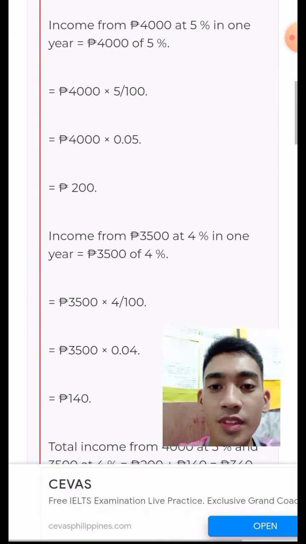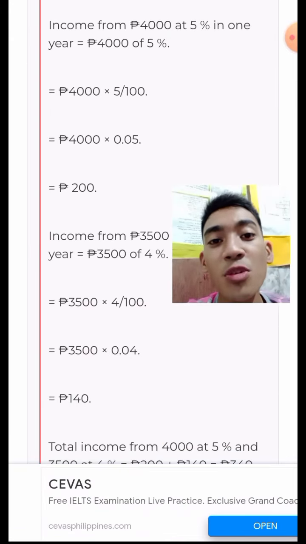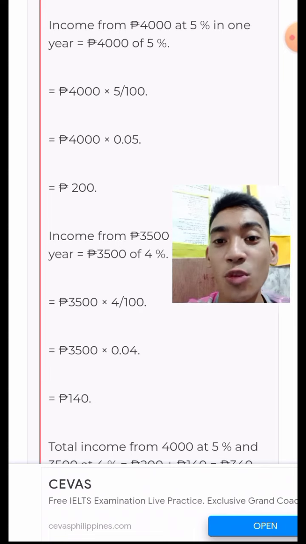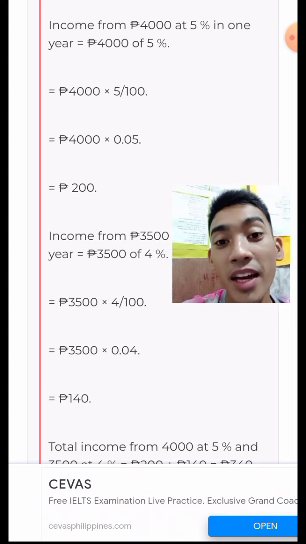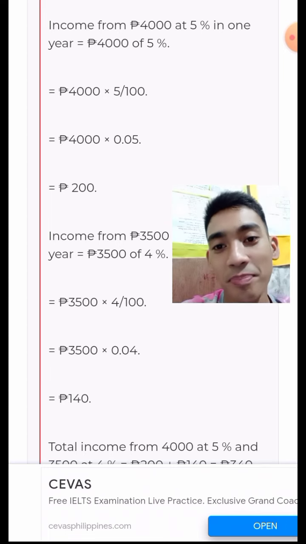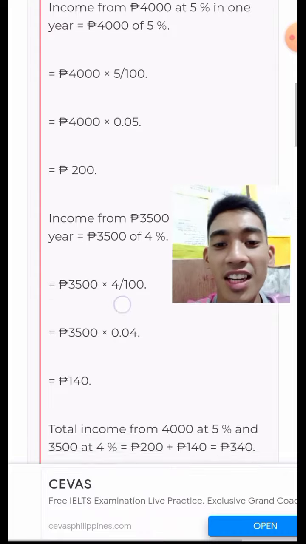Solution. Income from 4,000 pesos at 5% in 1 year: 4,000 multiplied by 0.05 is 200 pesos.